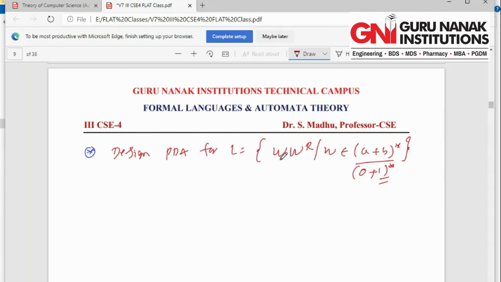Now, can you tell here? In the last class, I solved the problem W C W reverse. Now in this class, W W reverse. What is the difference between these two, the first one and the second one? Anyone, please? Any difference, or the same? Tell me.